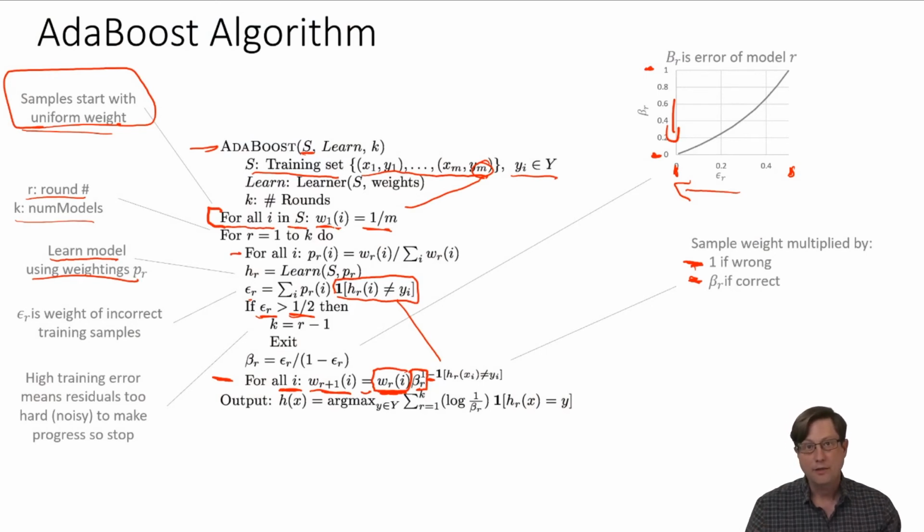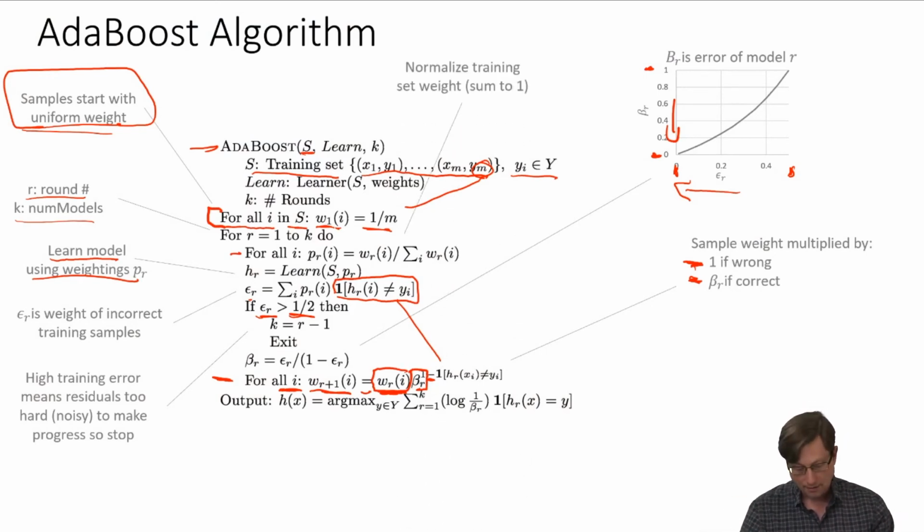And then the loop goes around, and this is the line we skipped the first time around. Essentially what it does is it sums up all the probability mass, all the sample mass of every sample in the new round that you're in. And then for each sample, it divides its weight by the sum of everybody's weight. And what that does is normalize it so that the weights sum up to 1.